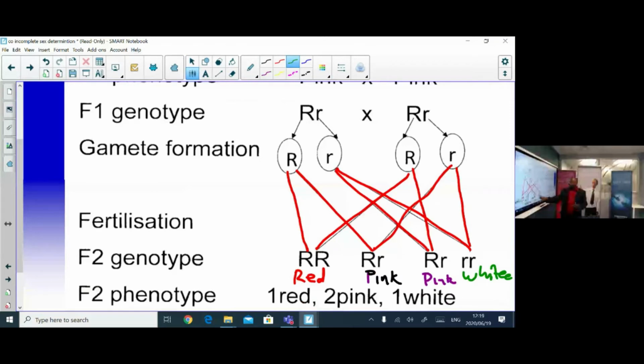So we are getting a different outcome of one red, two pink, one white. That's good. I'll give you a problem to solve involving an incomplete dominant.